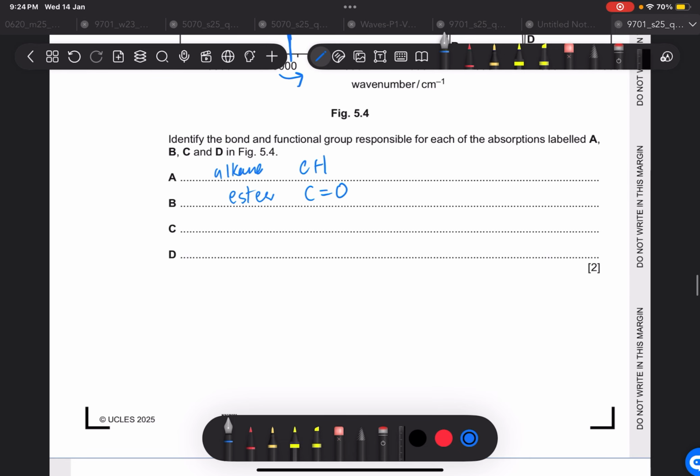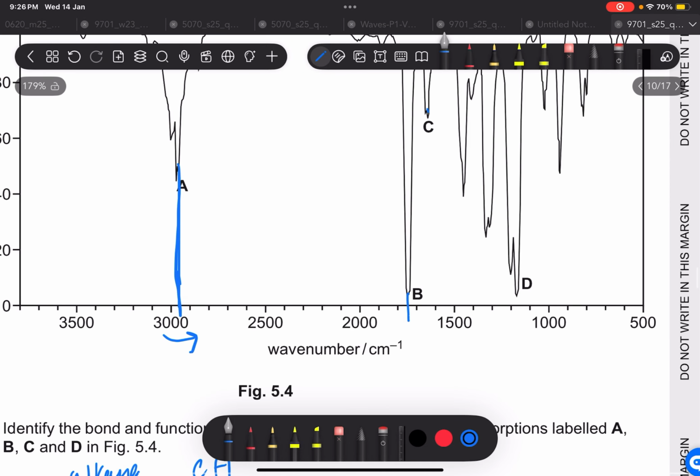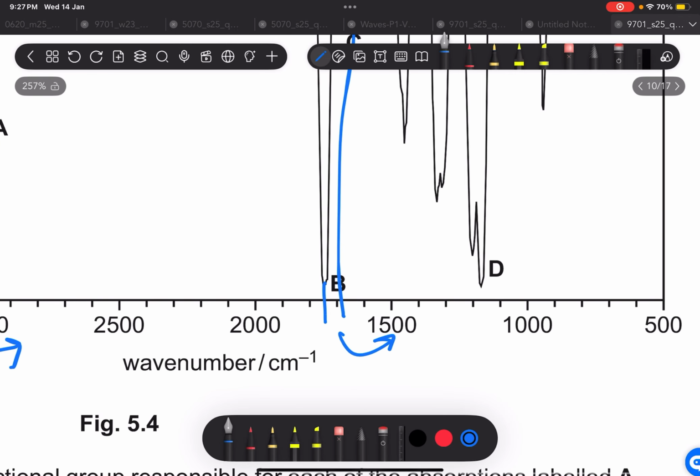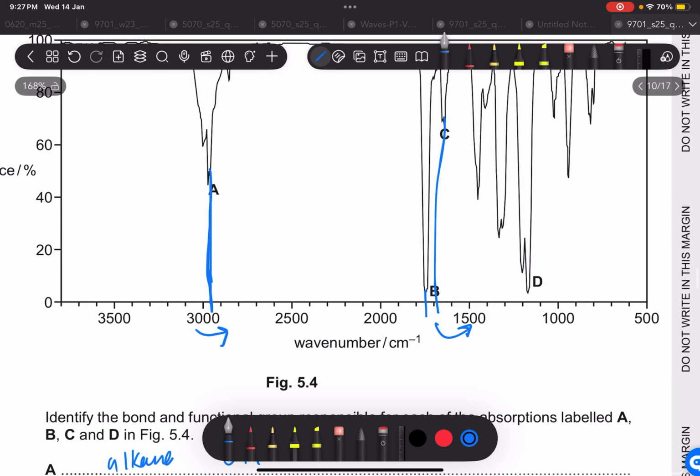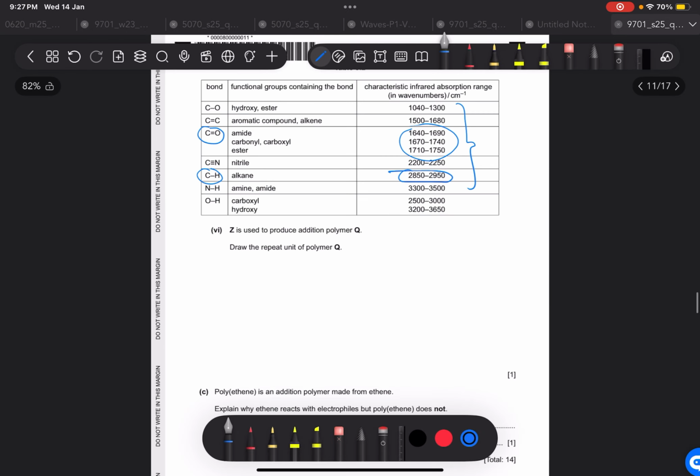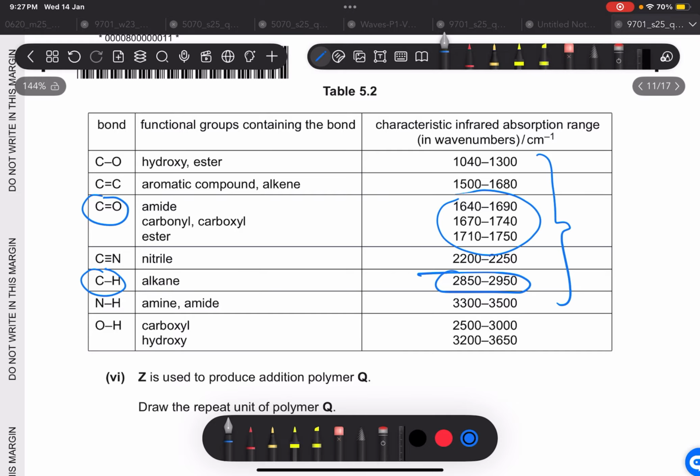C double bond O. For C, let me draw a line here. For C, it's more inclined towards 1500. If I draw it straight, it's more towards 1500. This 1500, 1600, 1700, 1800. So it's more towards 1500.